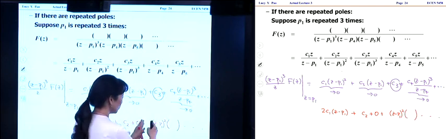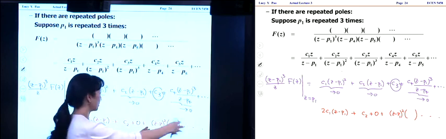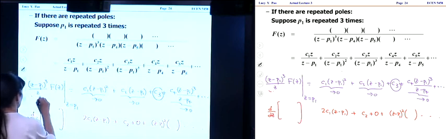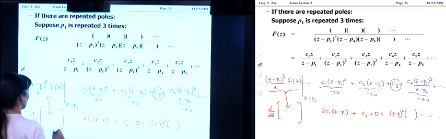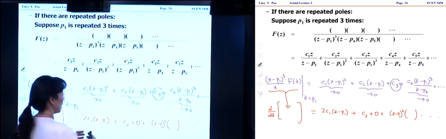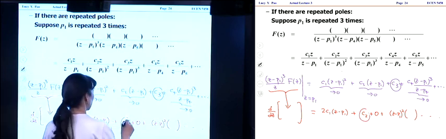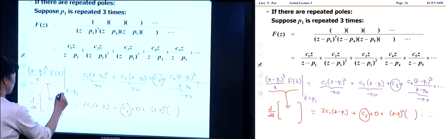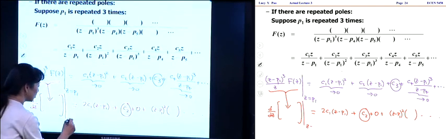So everything else will have the z minus p1 quantity squared. And then on the left-hand side, we're just saying d dz of this, which I won't rewrite, is equal to that. So now we evaluate both sides at z equal to p1, and everything will drop out except for c2. So c2 then is equal to this evaluated at z equal to p1.